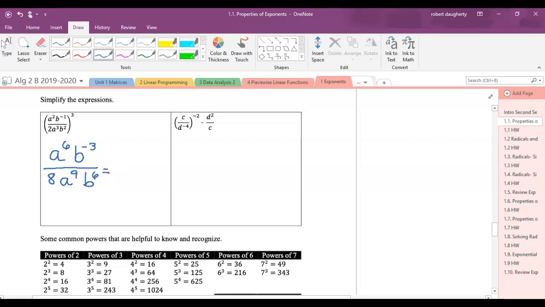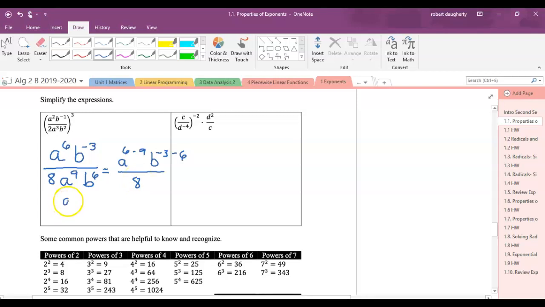And now what do I do? Yeah, so this is going to be a to the 6 what? What do I do? 6 minus 9. B to the negative 3 minus what? 6 over 8. What is a to the 6 minus 9?